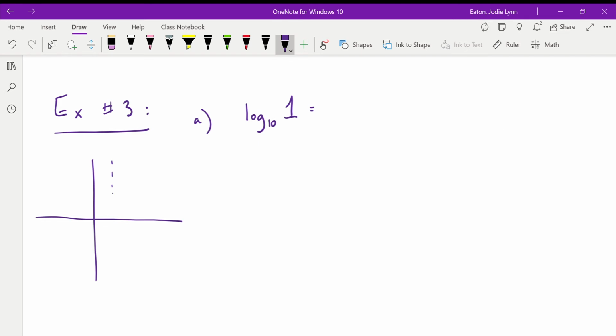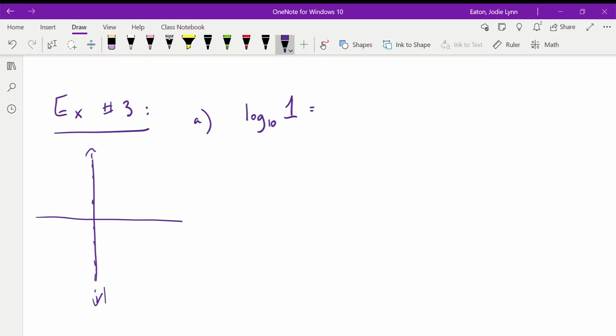Our logarithmic function has a vertical asymptote at x equals 0. We can't raise a whole number to a power and get 0 because powers involve multiplying or possibly dividing. So we can't multiply a number or divide it to get 0 unless we're multiplying by 0, which we're not.